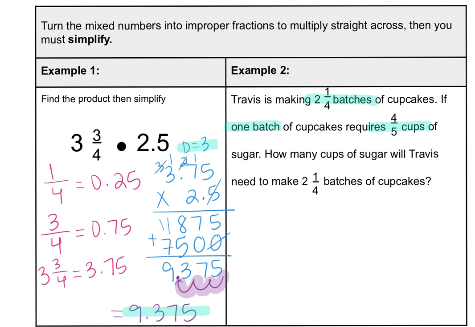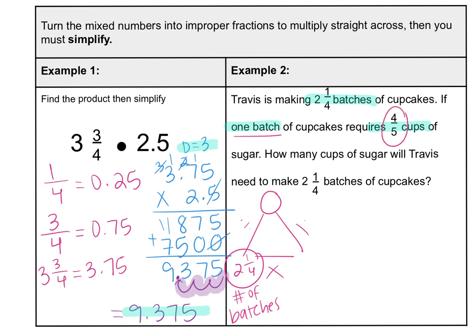So I'm going to use my triangle strategy. And so it says that Travis is making 2 1/4 batches of cupcakes. So that would be my number over here because that's the number of batches. And it says that one batch is 4/5.